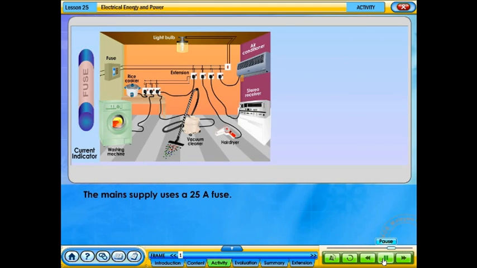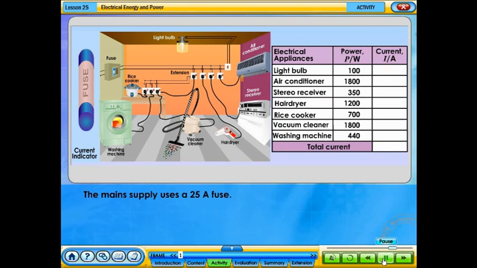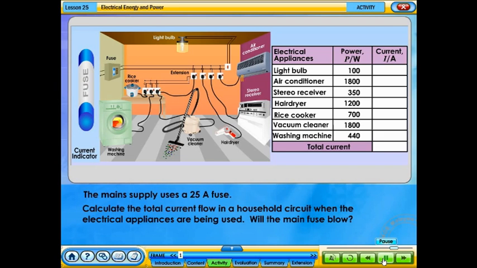The main supply uses a 25 ampere fuse. Calculate the total current flow in a household circuit when the electrical appliances are being used. Will the main fuse blow? Click on the switches to see the answers.